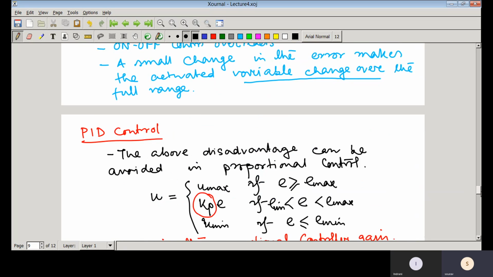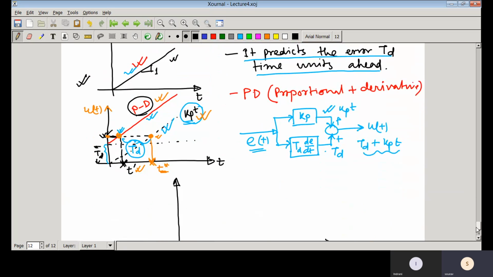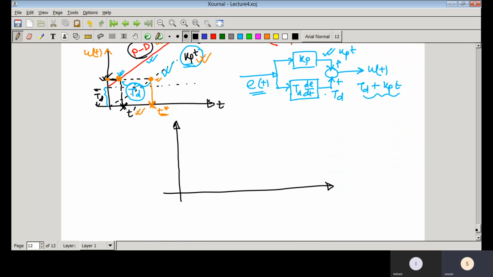But in this particular case, we are using, say, a PD controller. So here I can show you that this is your reference command, and the control output is going like this. Suppose it is going like that. It is a smooth response.